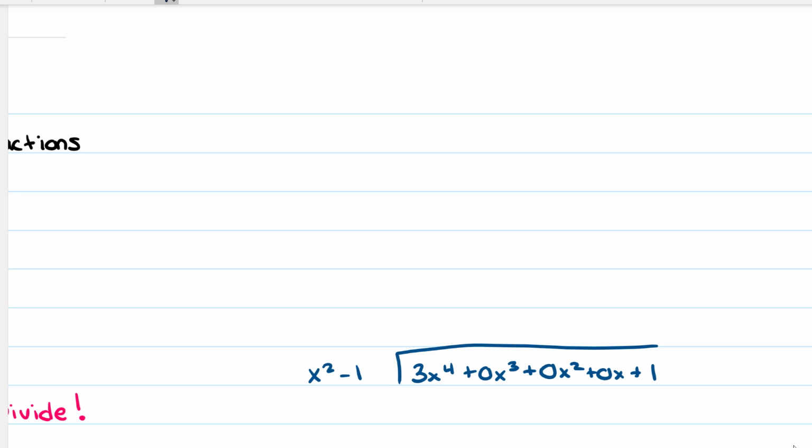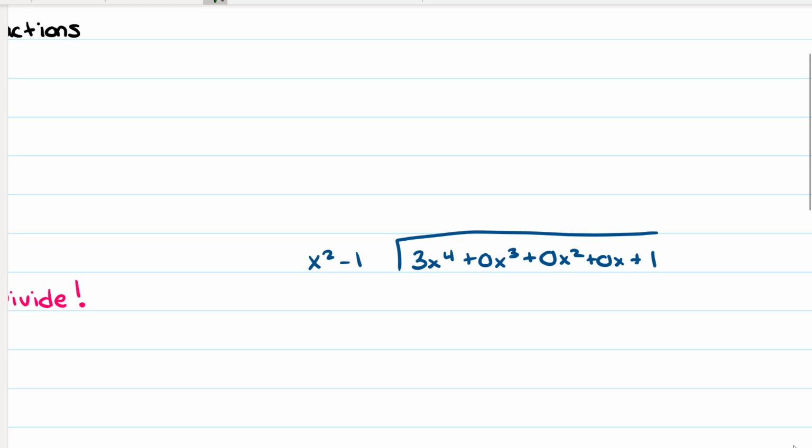So we're going to divide x squared minus 1 into 3x to the fourth, and don't forget, wherever you don't have a power, you need placeholders, plus 0x cubed, 0x squared, plus 0x plus 1. Right, because our function was 3x to the fourth plus 1. In order to make x squared into 3x to the fourth, we need 3x squared.